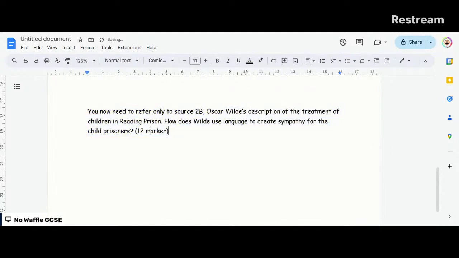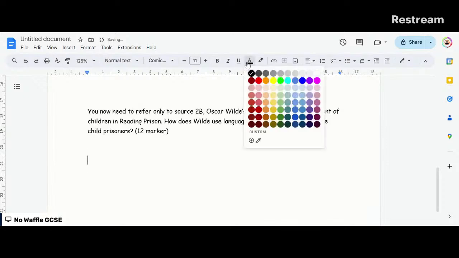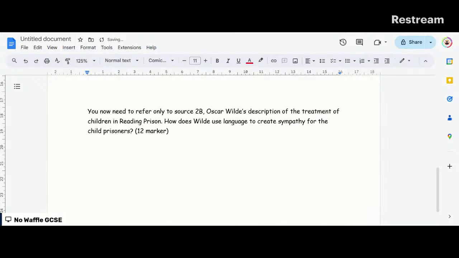So you want to put a little bit more effort into this than you would a question 3 for paper 1. So let's see how we can answer this. Well, I think the best way, because it's looking at the description of treatment of children in Reading Prison and it's a language question, I would always say the best approach, if nothing's jumping out at you immediately, maybe start chronologically and that might get you some points.